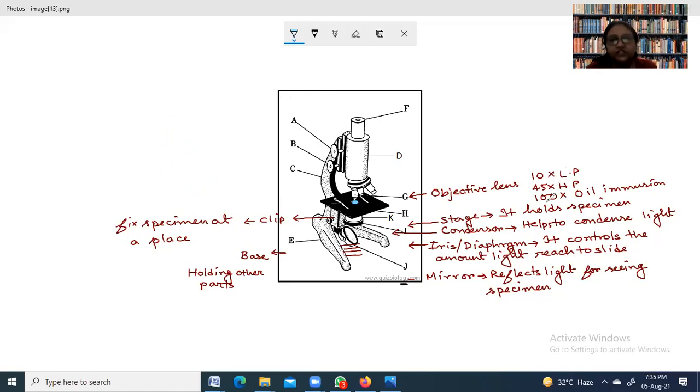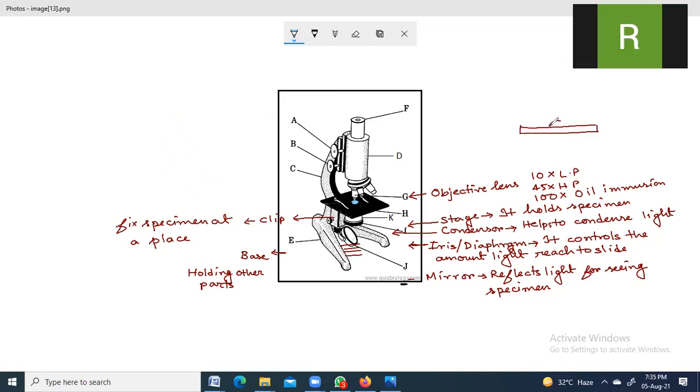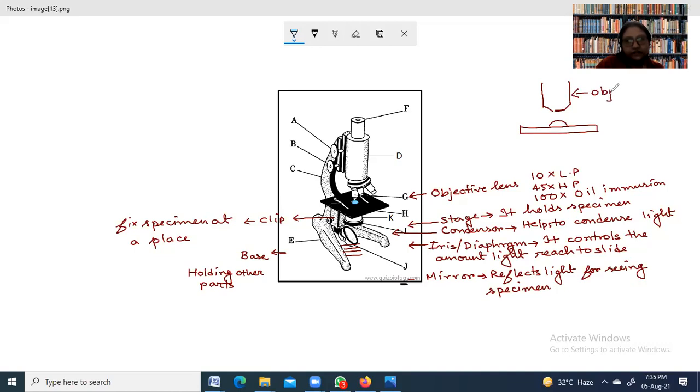So what is this oil immersion lens? Acha, can you tell me what we mean by refraction? Ma'am, bending of light. When does it occur? When the light is traveling from one medium to another medium. So consider this is your objective lens, and this is your specimen.